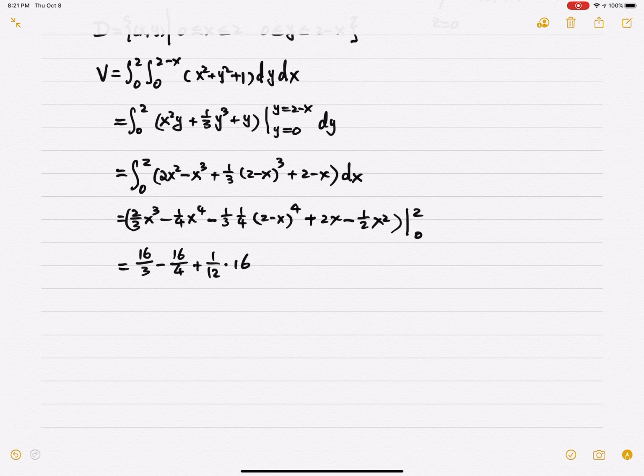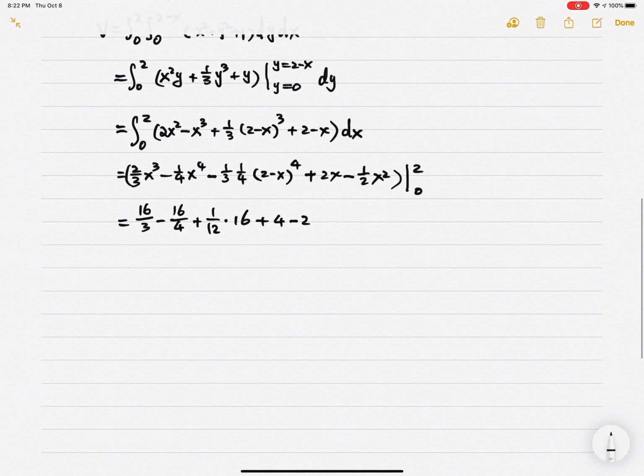And then 2x is 4, and then minus half times 4 is 2. So we have 16/3 minus 14/3, which equals 16/12, and then that's equal to 16/6. So that's equal to 8/3.